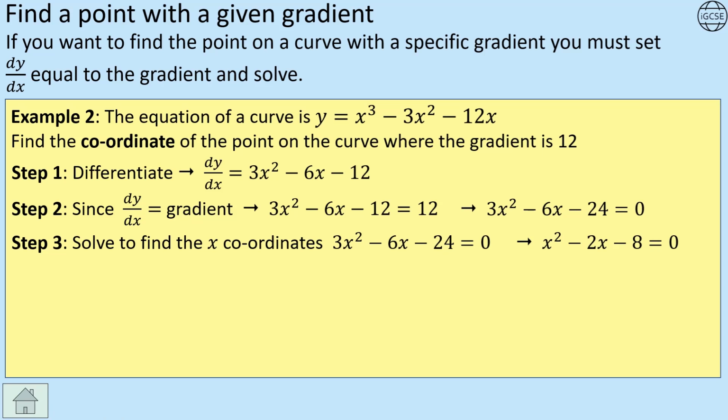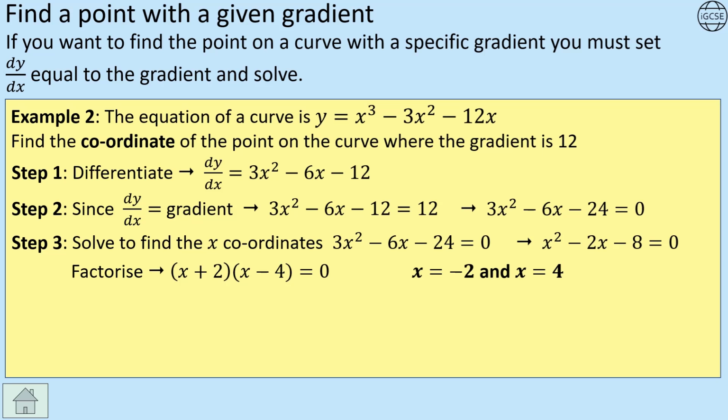Well, fortunately for us, this does factorise. We've basically got 4 and 2, which gives us this, and then I've got minus 2. So it's going to factorise nice and neatly into x plus 2 and x minus 4, where it equals 0. And of course, that means I've got two values of x where the gradient is 12, which suggests I therefore have two coordinates where the gradient is 12.